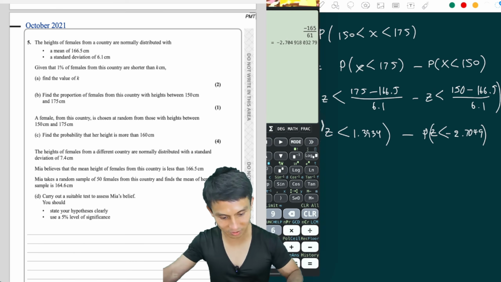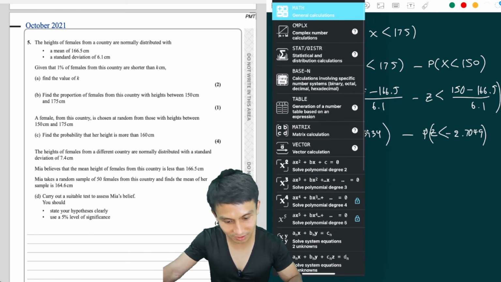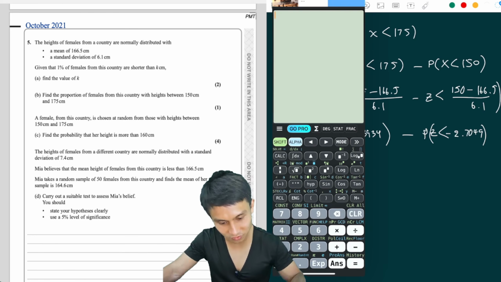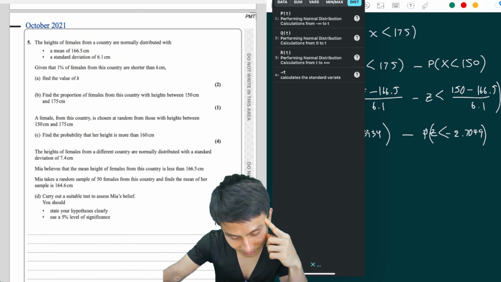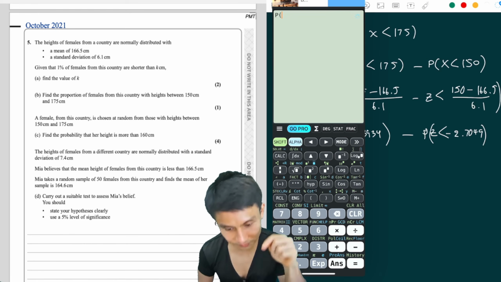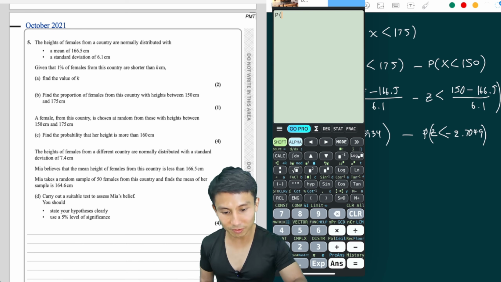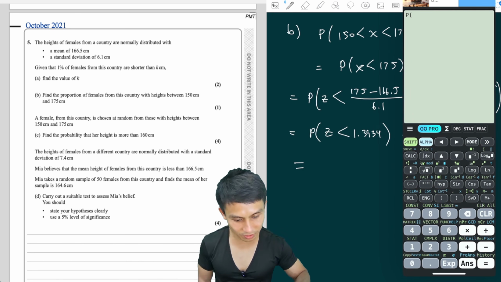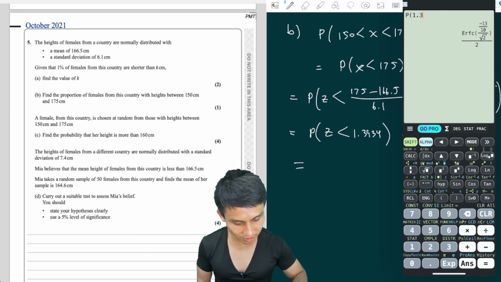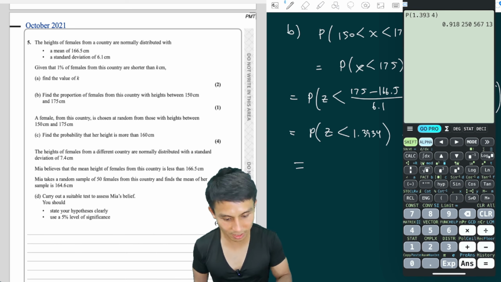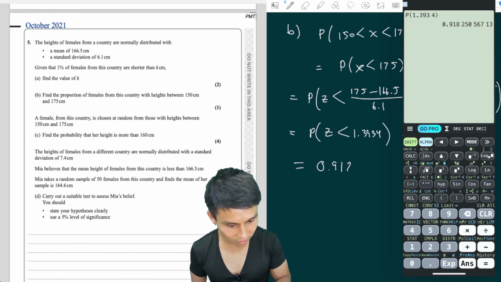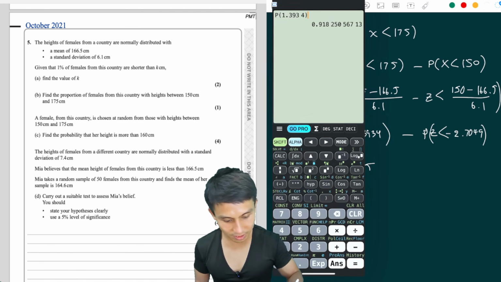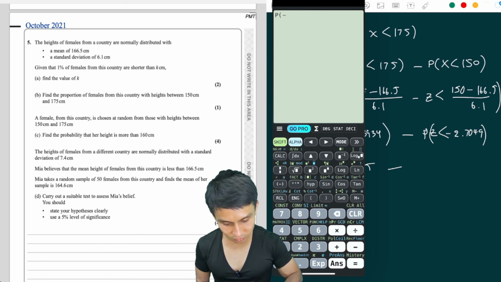I have it in my calculator here. Statistical distribution, and it's going to be this one, the probability there. So 1.3934 gives 0.91825. That makes sense. And the other one, I just change to a negative, 2.7049.